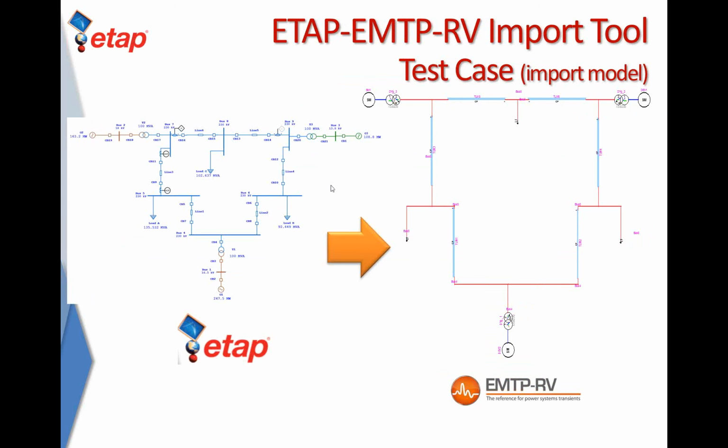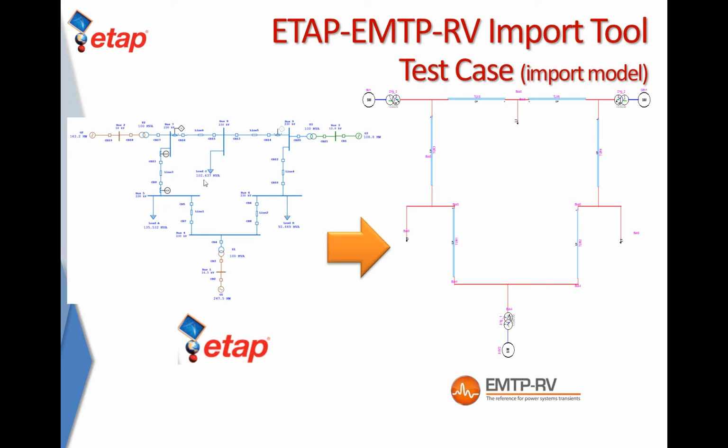The tool essentially allows you to take the best of both worlds and migrate them together into one common platform, so you can essentially build the network model inside ETAP, perform the basic analysis, including power flow, fault, coordination, dynamic stability, and then for advanced studies such as fast transients, you can essentially migrate the data over to EMTP-RV without losing any fidelity, without losing any information.